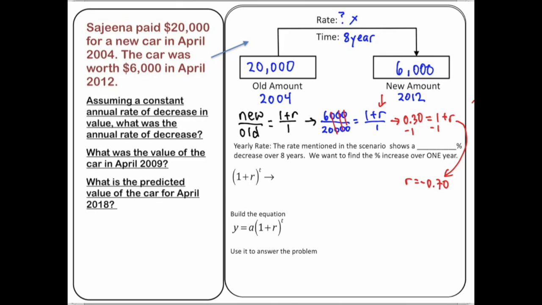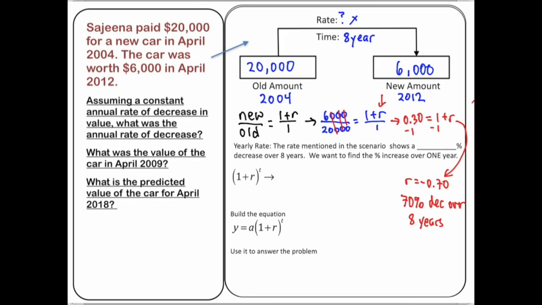Okay, so that is going to translate into, unfortunately, a 70% decrease over the 8 years. And as much as I hate to say it, that's usually the way that cars go. Okay, they decrease quite a bit. Okay, so that is over the 8 years here. Oops, I put decrease twice. So over 8 years.